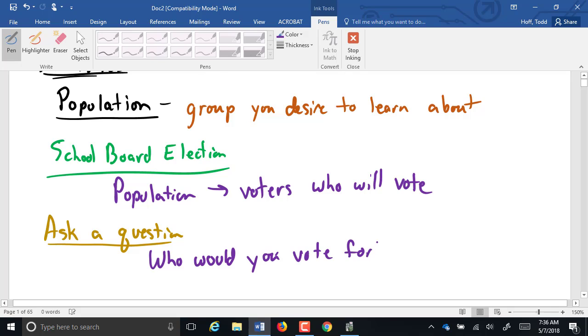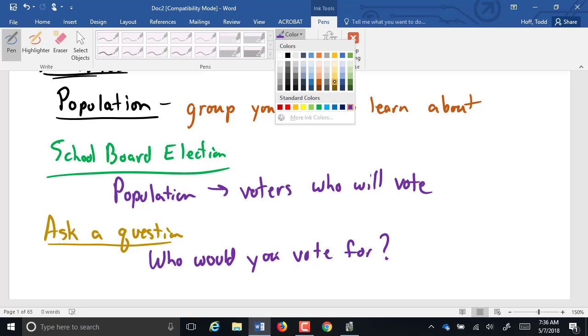For whom would you vote, however you want to do it. And probably more specifically, you would have to say something like, if the elections were held today, who would you be casting your vote for? Because if it's a month and a half or so away, they can't for sure predict who they're going to vote for. There may be things that happen to change that. The answer to that question is called the random variable. We'll come back and talk about that in a little bit.